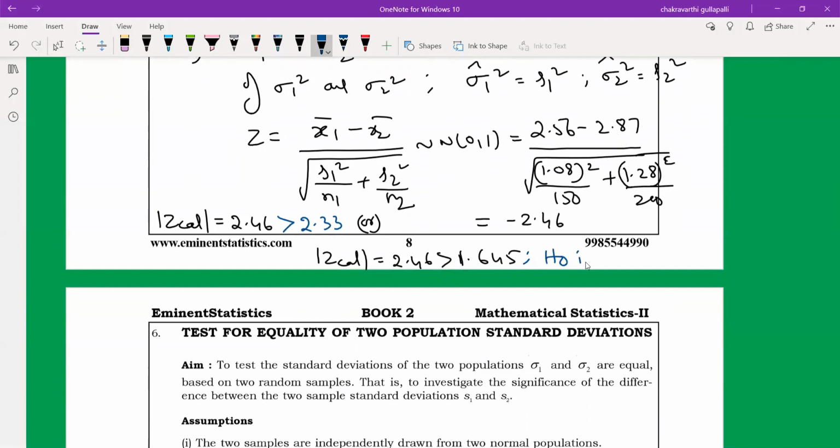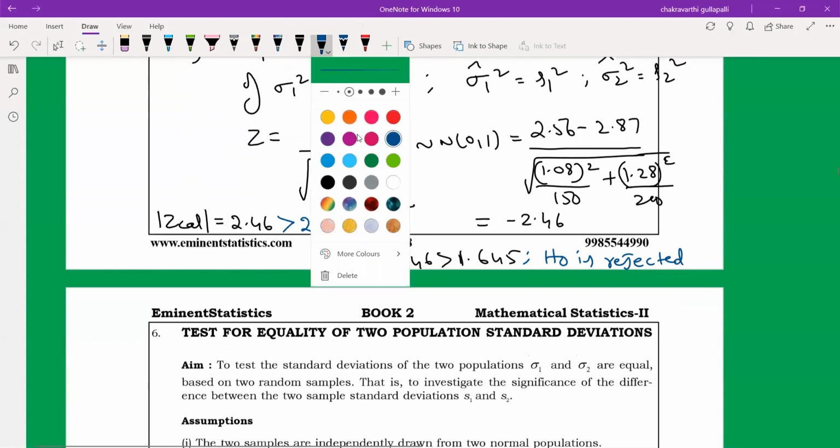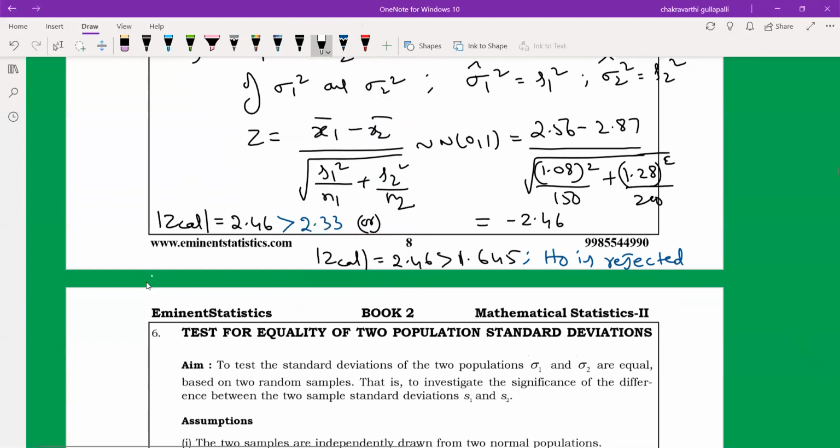So now H naught is rejected at the 5% LOS and 1% LOS.